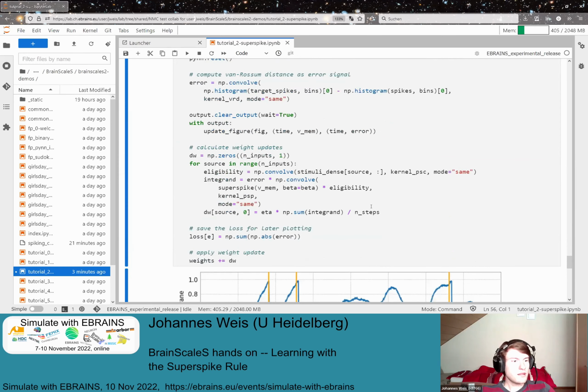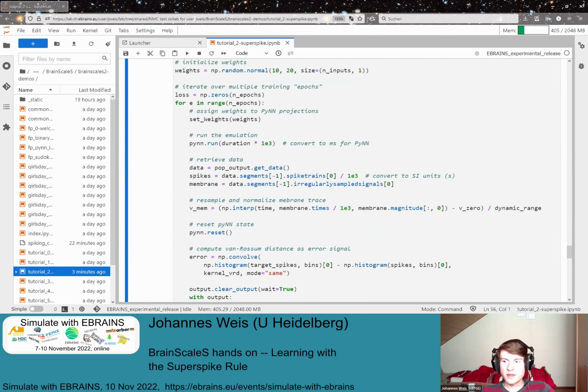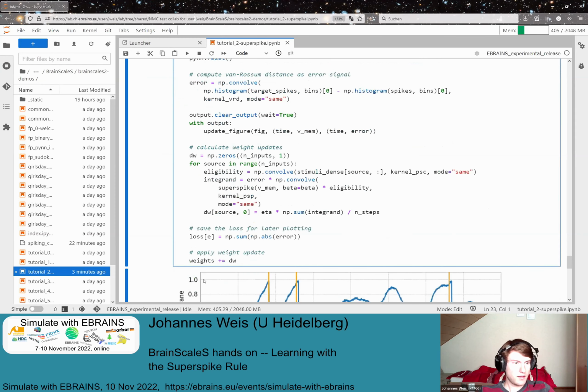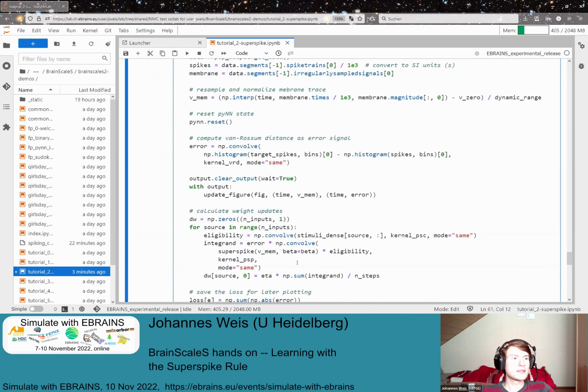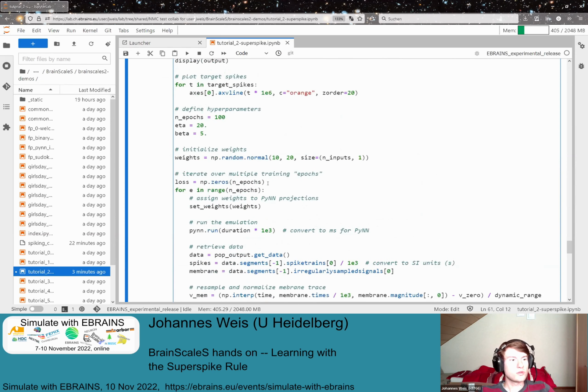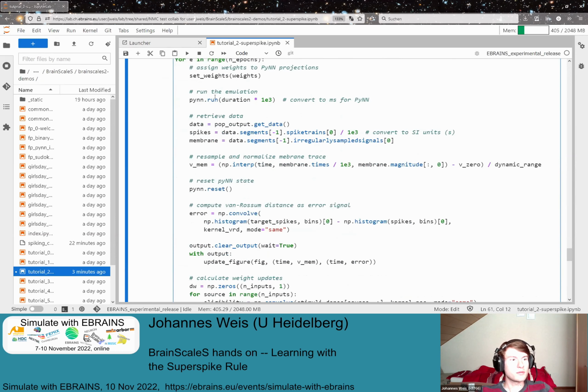So in the cell here, the weight update happens via this set weights function that refers to the originally defined projections in Pine and sets those weights. We call run immediately afterwards. And the array weights here is local, so we keep this one even when Pine is reset, I guess.